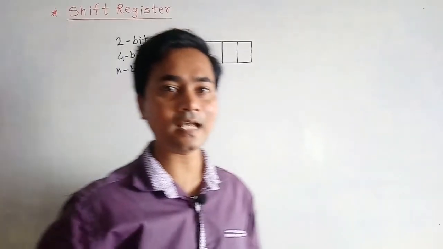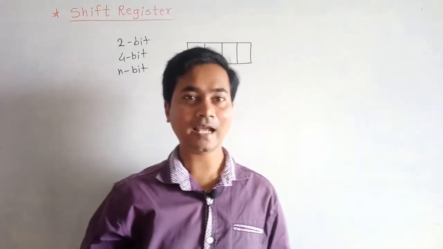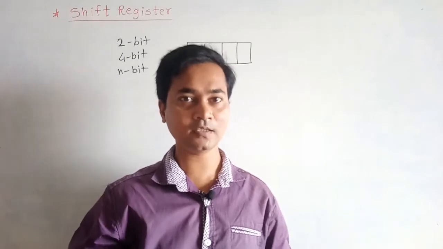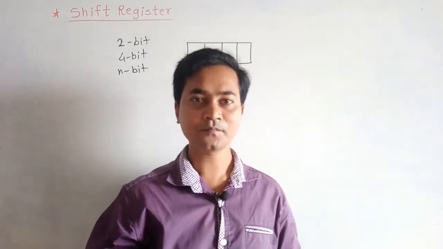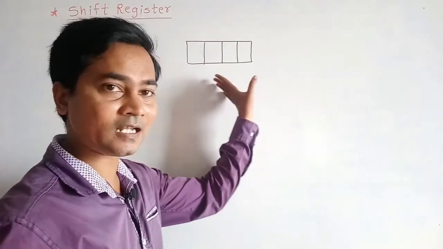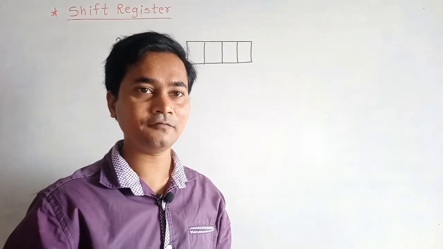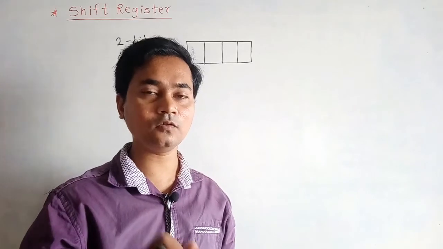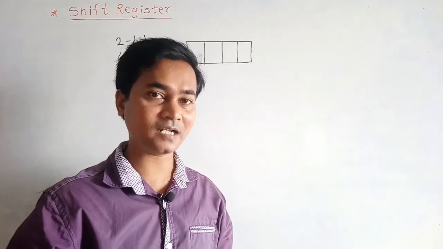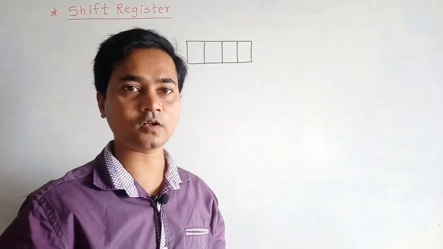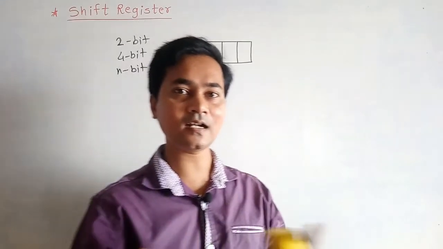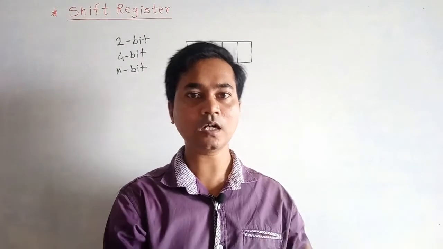Now you will have a question: which type of flip-flop should we use in the shift register? Normally we want to shift the data from input to output side as it is. Which flip-flop is preferable? The D flip-flop, because the D flip-flop shifts the data as it is from input side to output side.